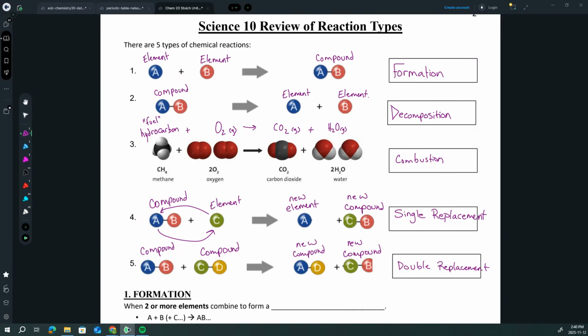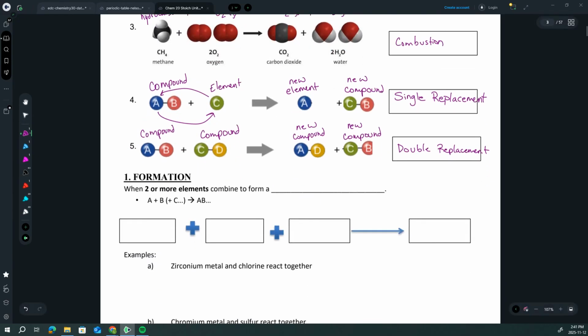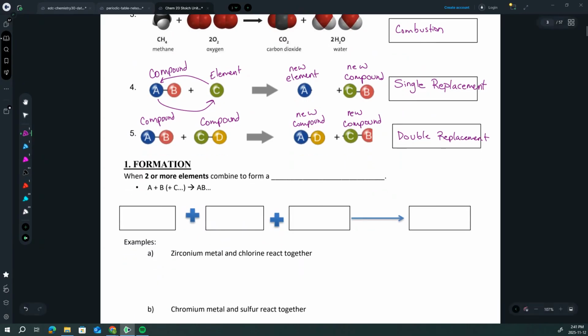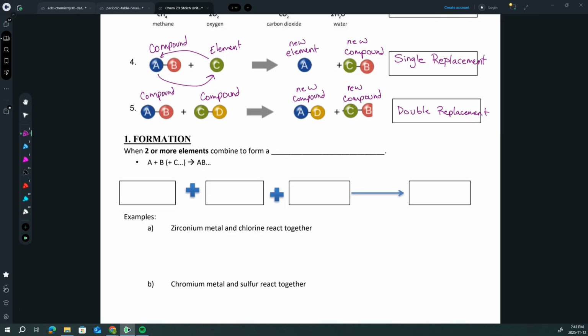Sometimes they do tell you your products, but not always. So that's why you need to know the general types of reactions and what they look like to help you predict the products. We're going to dive into a bit more detail with formation here, and later we'll get into decomposition.